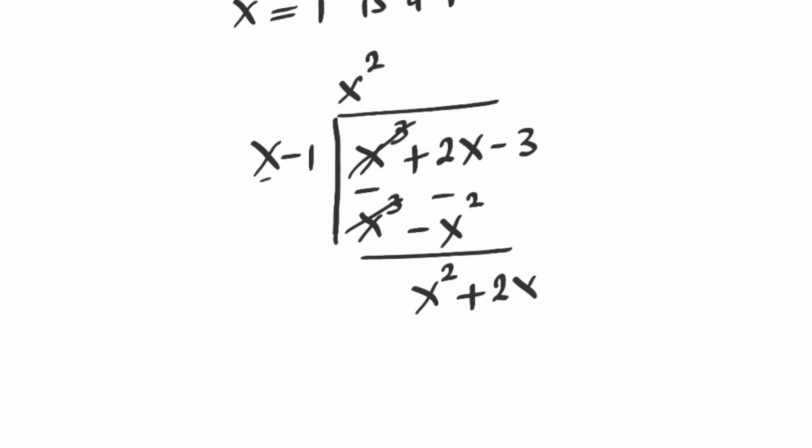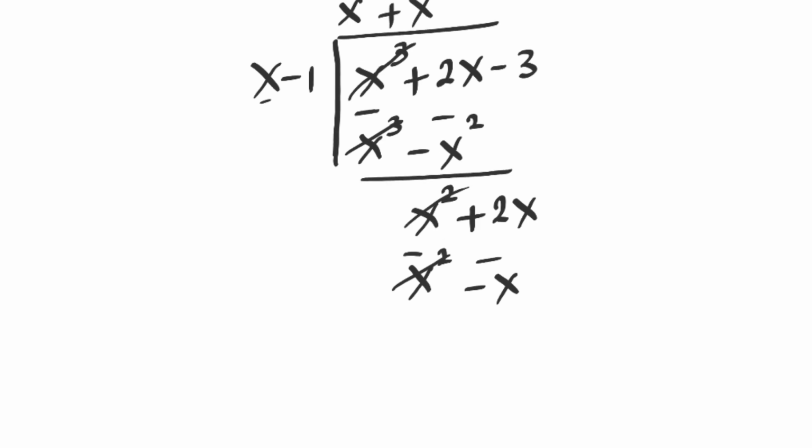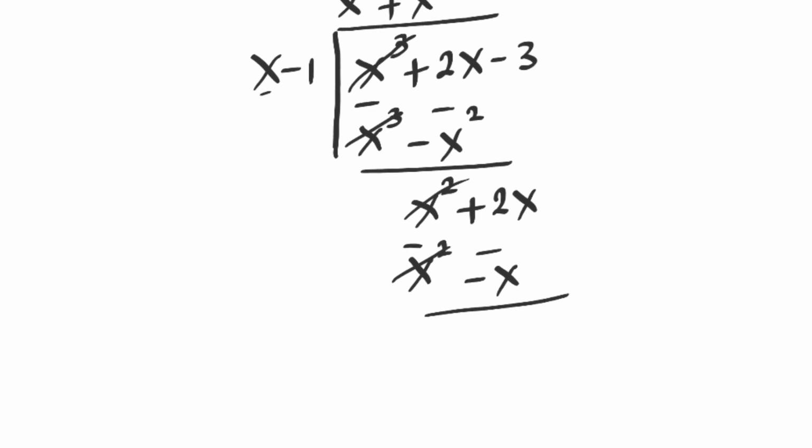plus 2x. Now, x goes in x² as plus x. x times x is x², x times -1 is -x. Now if you subtract, we cancel this, and minus times minus is plus x. We have x plus 2x, 3x.